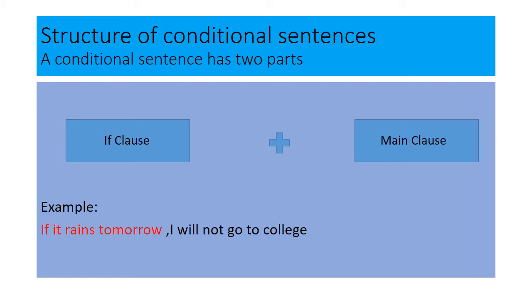If it rains tomorrow, I will not go to college. The red highlighted words, if it rains tomorrow, are the if clause part, and here is the condition. That means if it rains, then I will not go to college, and my going to college is dependent on the action of the rain. If it rains, then I will not go, but if it doesn't rain, then I will obviously go to college.